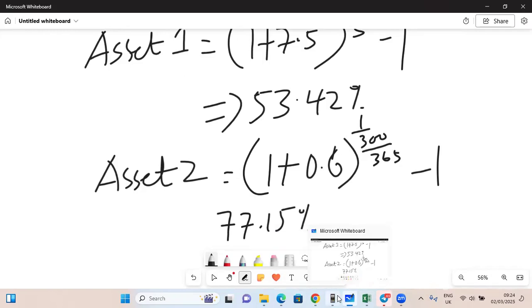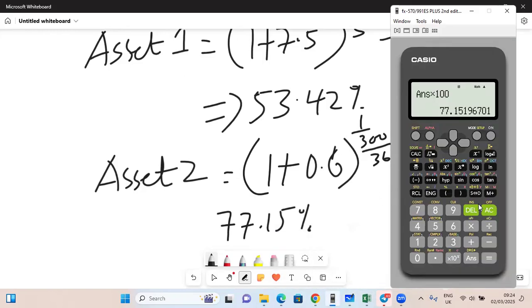But if you really want to do it this way, then what I will advise you is to find 1 divided by 300 over 365, and then put this at the top. Otherwise, some calculators, when you put this one there, you get a wrong answer.